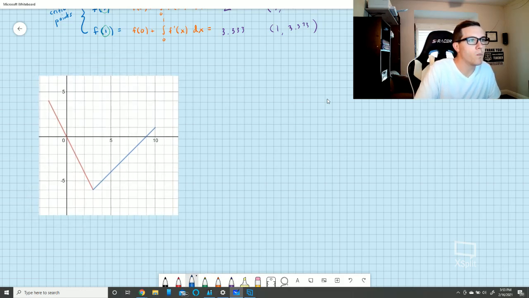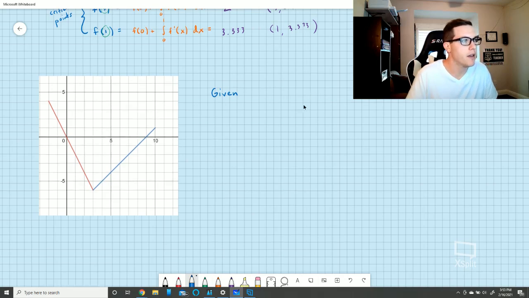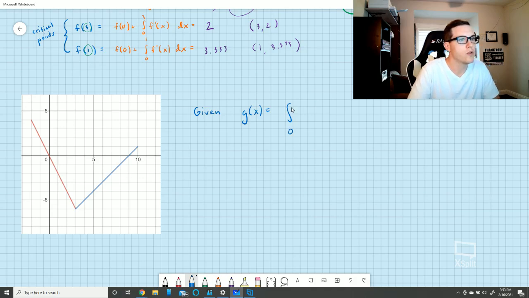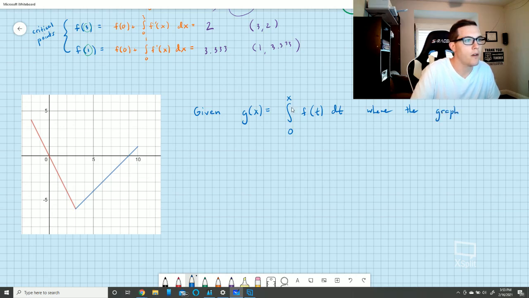Given, and so I'm going to do it the accumulation side of things, given g of x is equal to the accumulation from 0 to, let's say, x, of f of t dt, where the graph of f is given, find the absolute max and min of g.